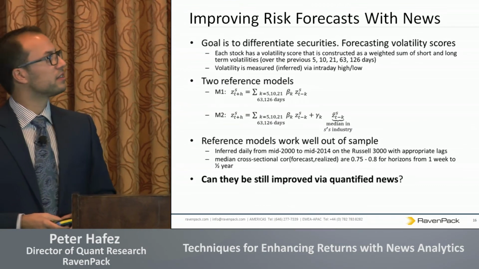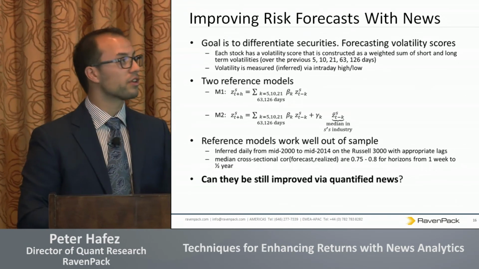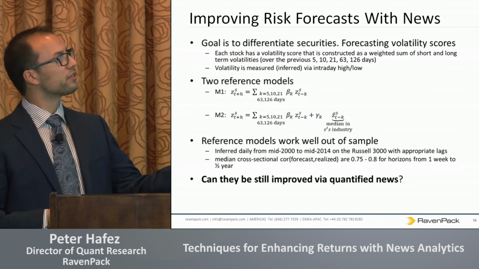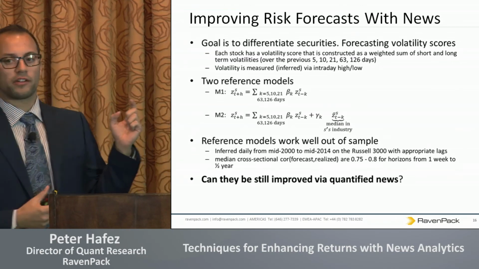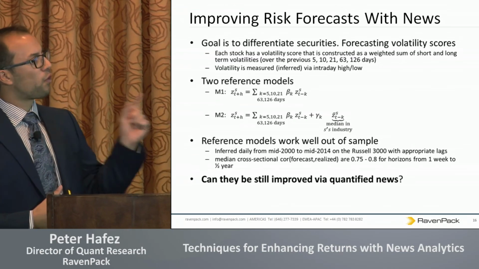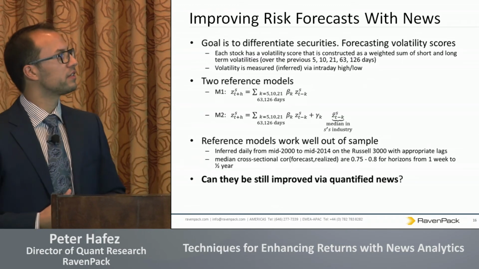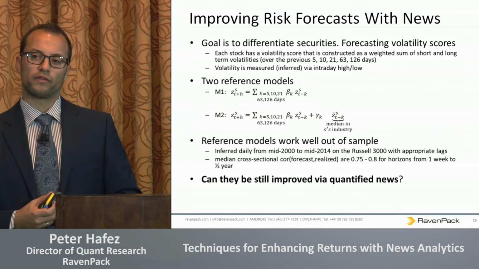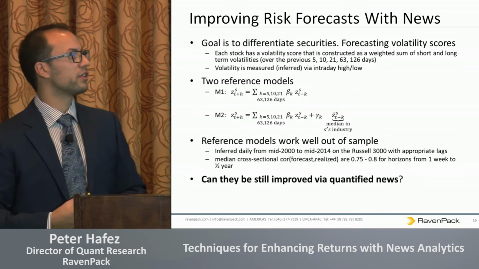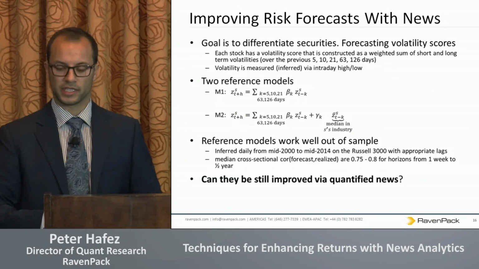He then tests to see how it has worked historically, looking back from mid-2000 till mid-2014, and finds that there is a correlation between his forecast and his realized volatilities of about 80%, depending on your forecast horizon, and he looks at 1 week up to 6 months.